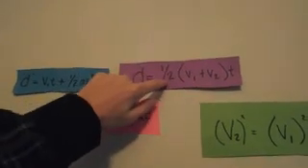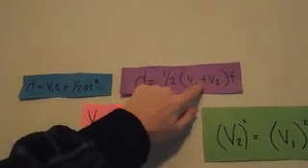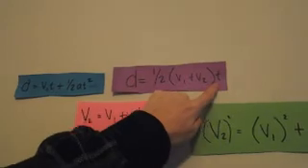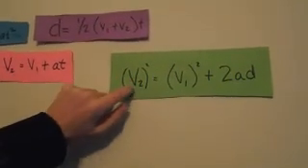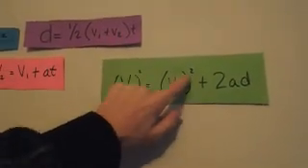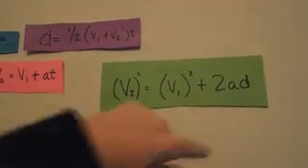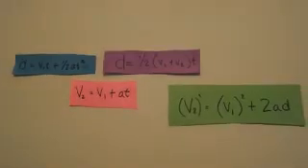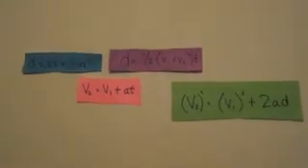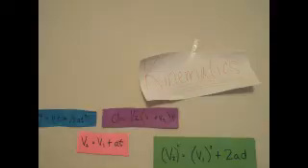D equals 1/2 (V1 plus V2) T. And V2 squared equals V1 squared plus 2AD. Now we know kinematics!